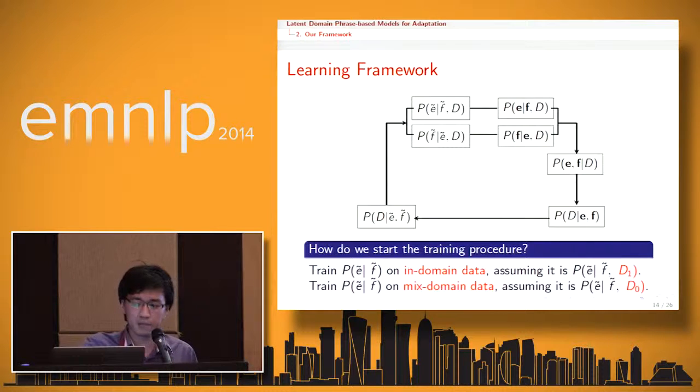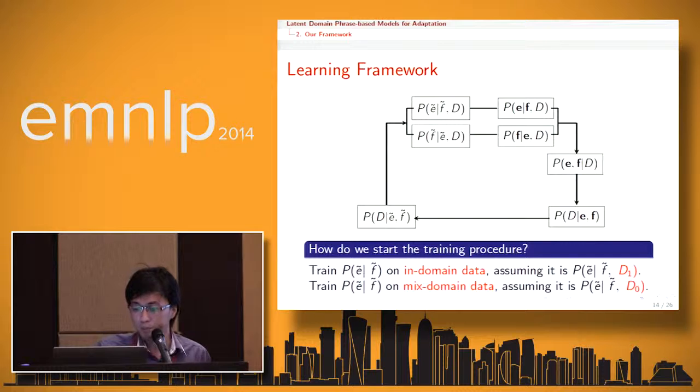And from the sentence transition probabilities with respect to D, we can combine with the language model to define how we can generate the data, P of sentence E and sentence F given D. In the end, we estimate P of D given phrase, which is: use P of D given phrase, update P of D given sentence, and then from P of D given sentence we can re-update P of D given phrase.